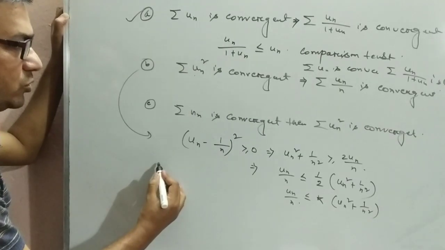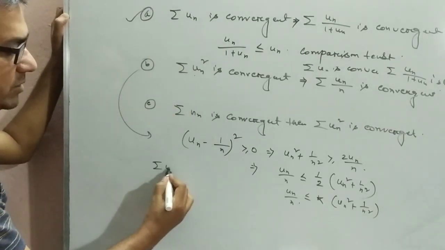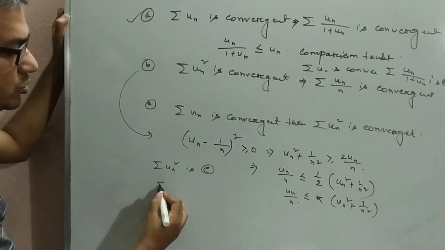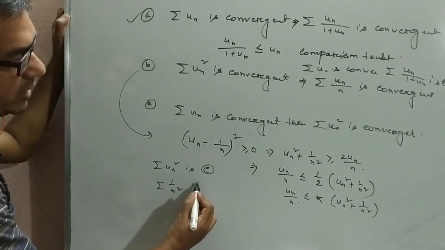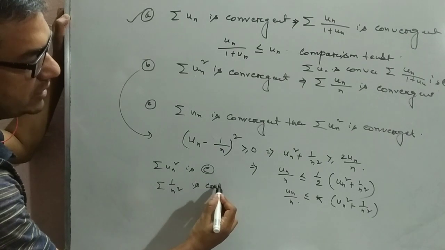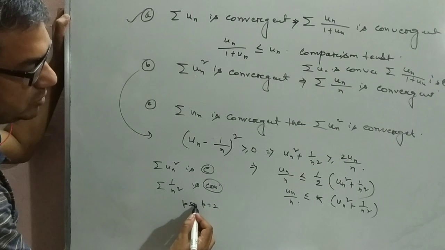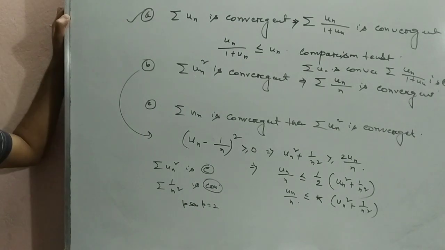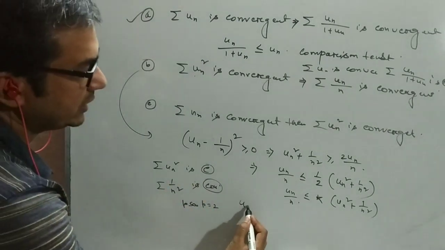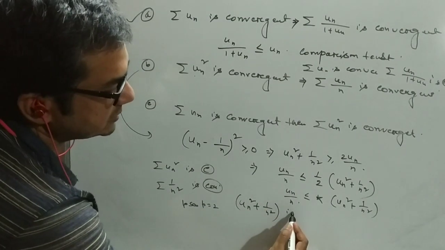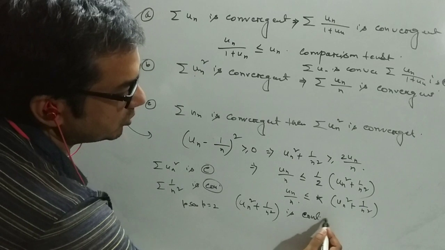We know that from the given condition summation un square is convergent. Also summation 1 by n square is convergent because this is a p series with p equal to 2. Right? So un square plus 1 by n square is convergent.